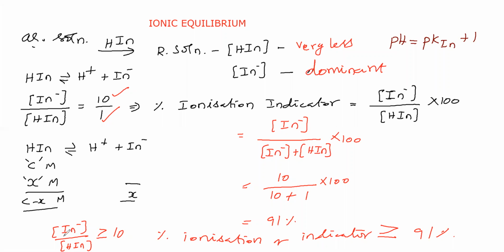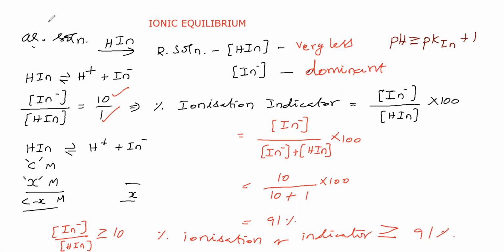That means, if this ratio is greater than or equal to 10, then we can say pH is greater than or equal to pK indicator plus 1.